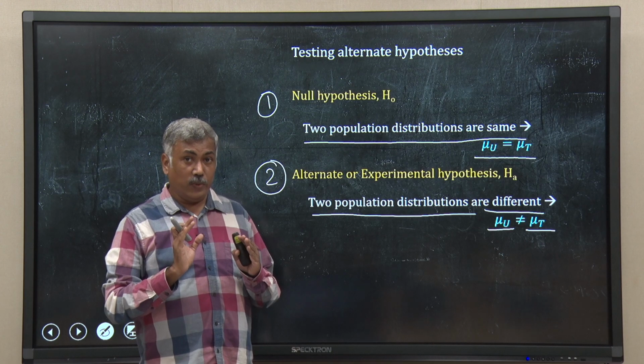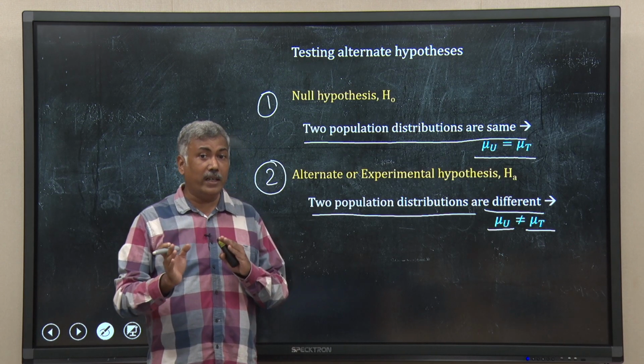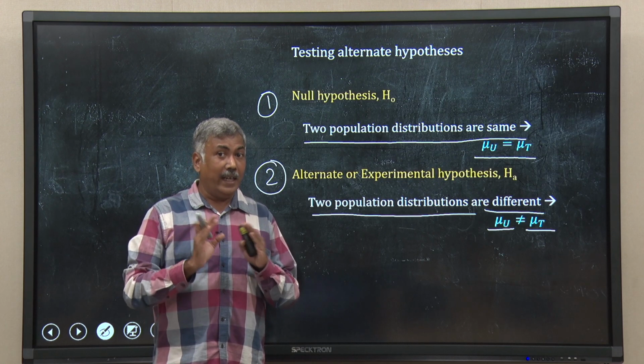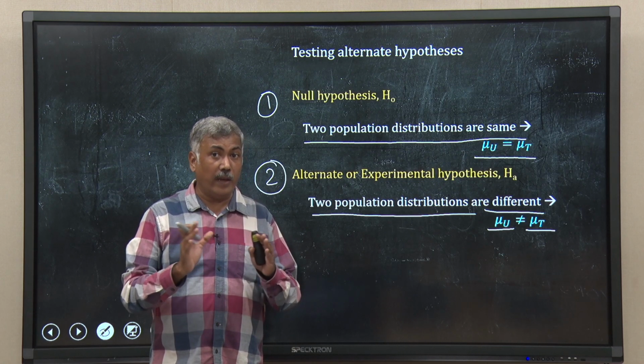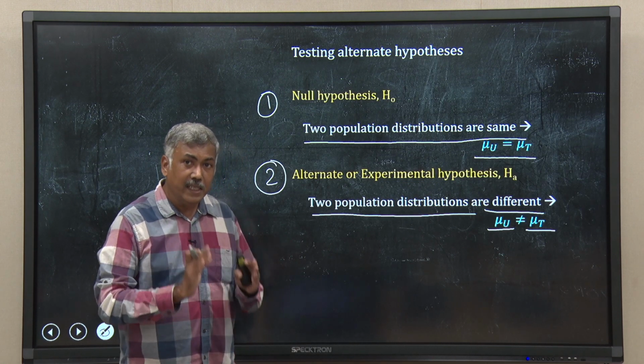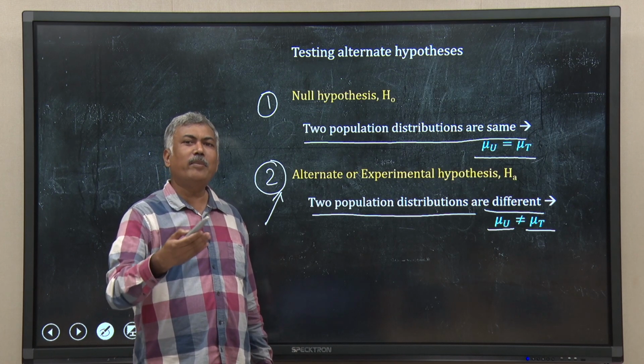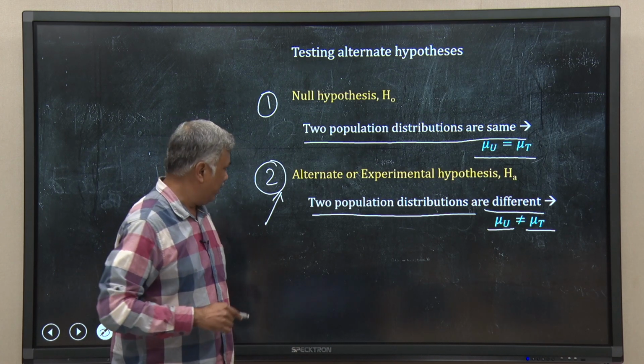Just notice that the null hypothesis and the alternative hypothesis are binary and mutually exclusive, right. And null hypothesis does not mean that it has to have some value 0 or something like that. It is essentially the negation of the alternative hypothesis or the experimental hypothesis, the belief that you possibly started the experiment with, right.